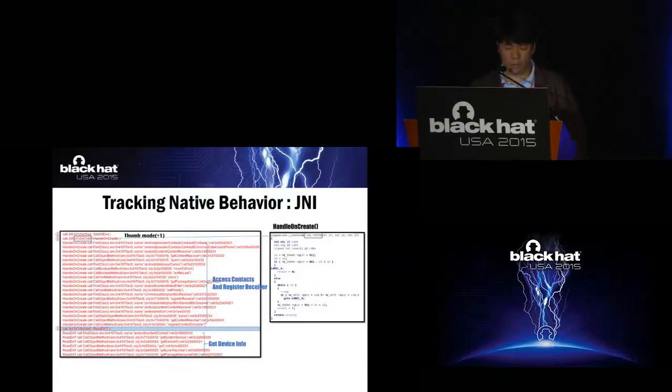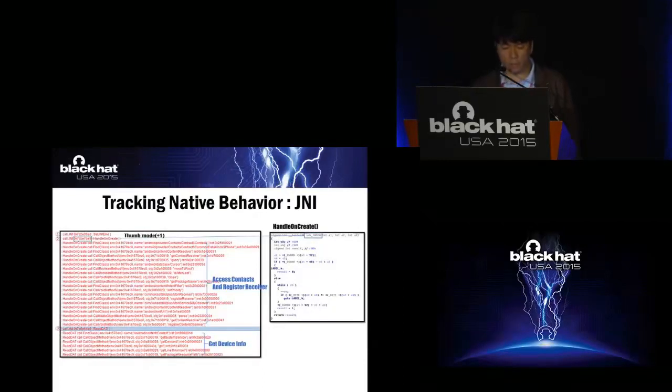Looking at the used methods, you can see this app accesses contacts and registers a receiver. In addition, the memory address of handleOnCreate is displayed. This address is extracted from the method structure in the dvmCallJNIMethod function. If you calculate the address in the file, you can easily find the actual code, as on the right side.